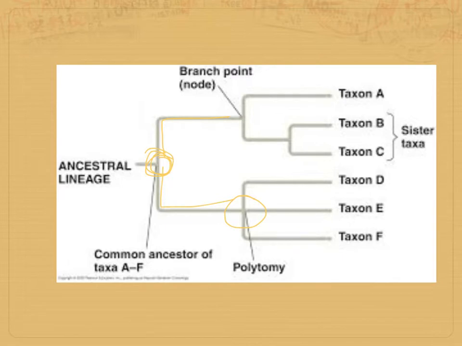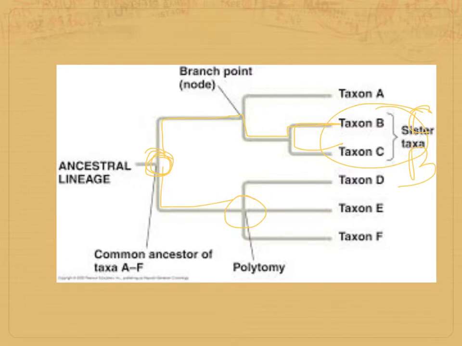We have over here things that are called sister taxa, because as you can see, if we follow our diagram, these are closely related to each other. And so we're going to call them sister taxa. Sister taxa work on rotating branches, so you could actually flip this, and this could be CB. It doesn't really make a difference.